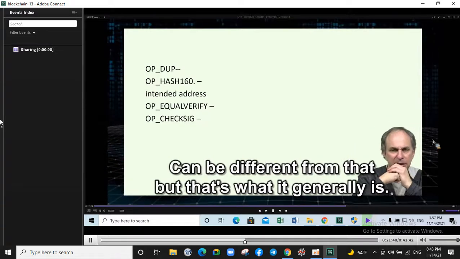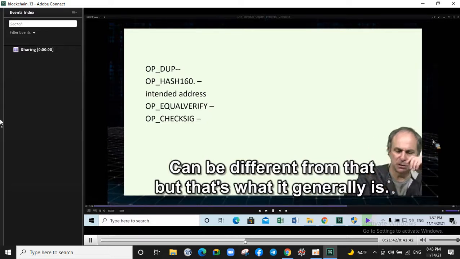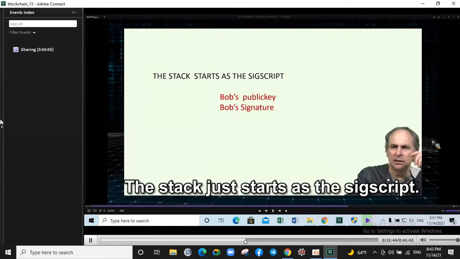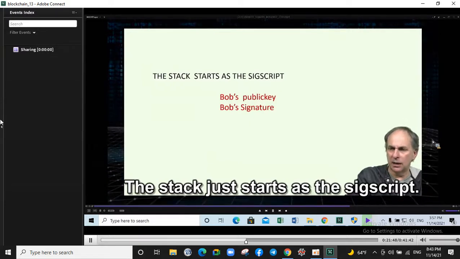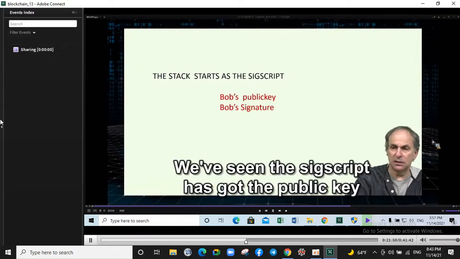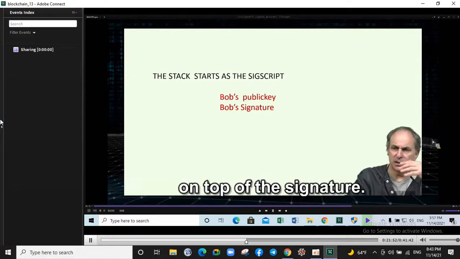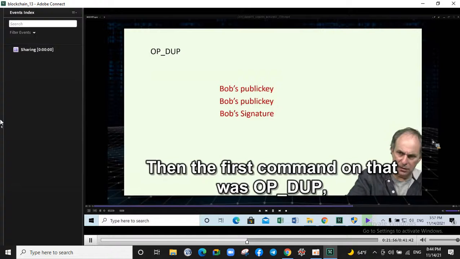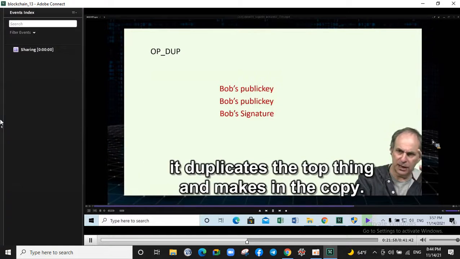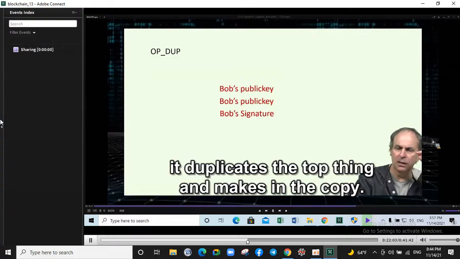It can be different from that, but that's what it generally is. So the stack just starts as the SIG script. We've seen the SIG script has the public key on top of the signature. And then the first command was OP_DUP. It duplicates the top thing and makes another copy.